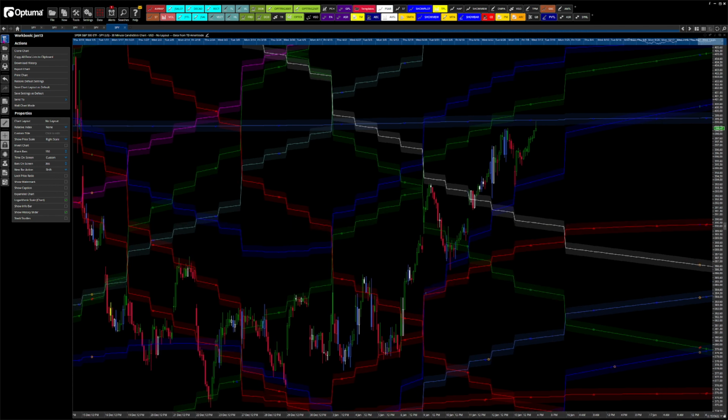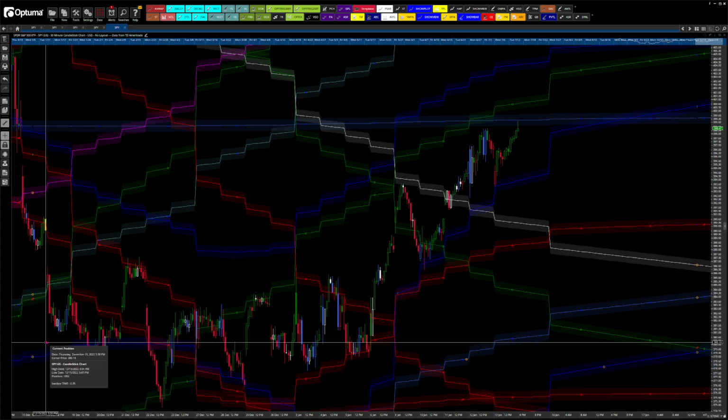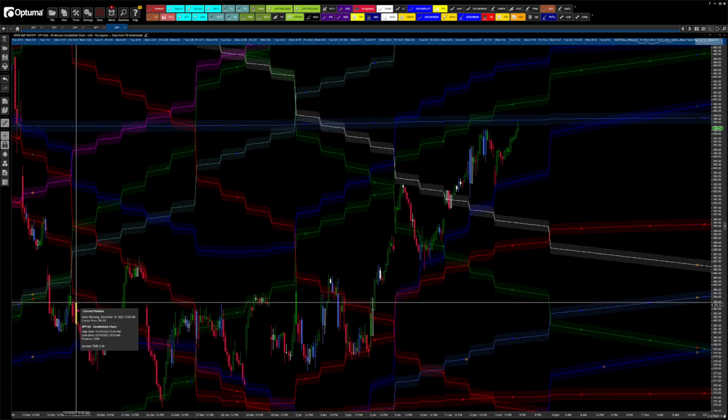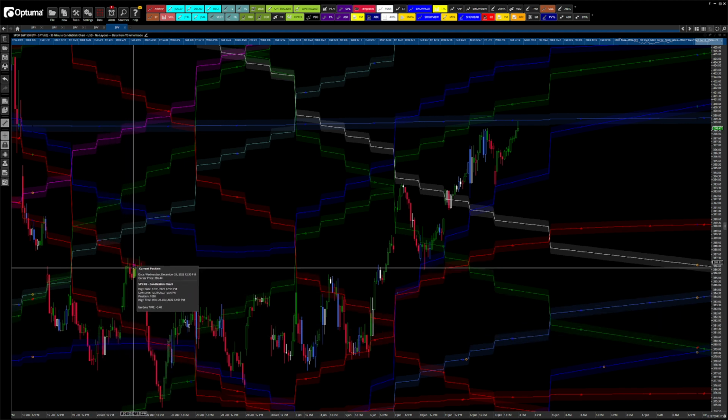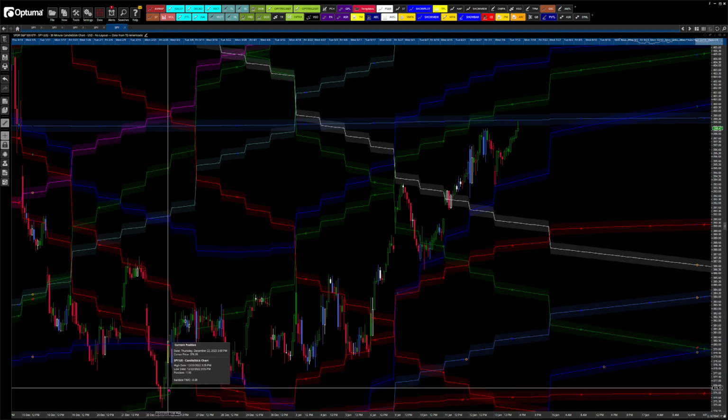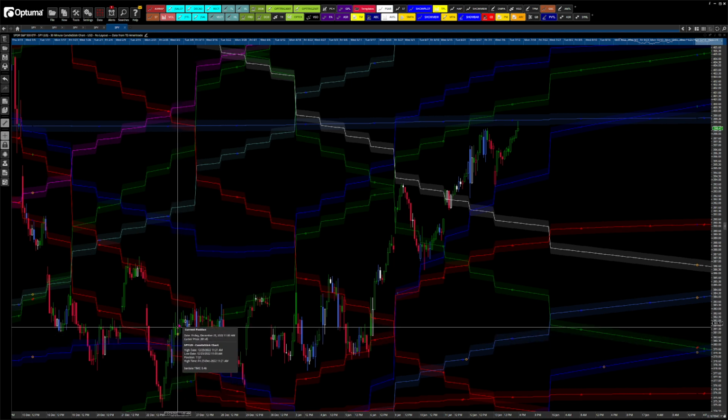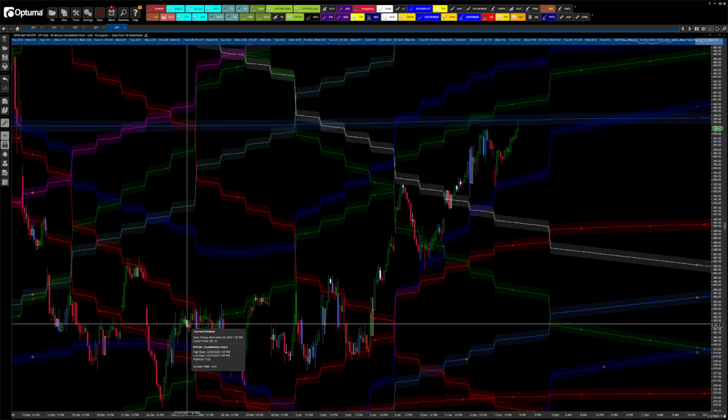So we have here, resistance here and clustering here, kind of trapped in there, then coming up and getting stopped out here, getting support here, coming up, support here.